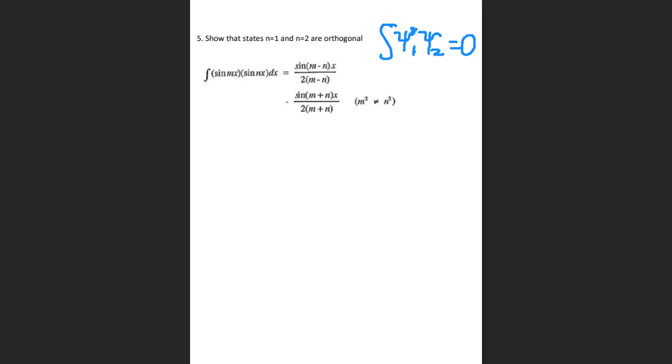I have the hint formula here. I think I'm going to leave this one as an exercise. In other words, this one will probably be on the next homework.